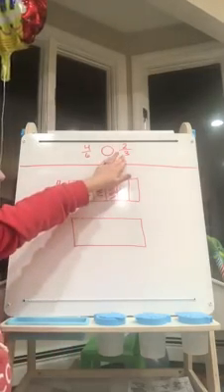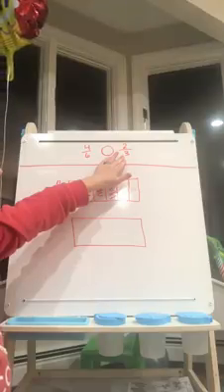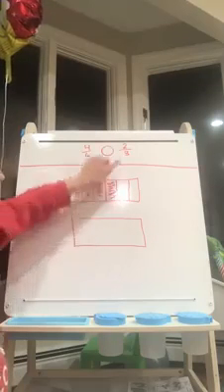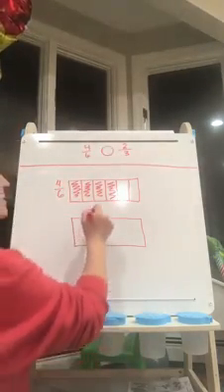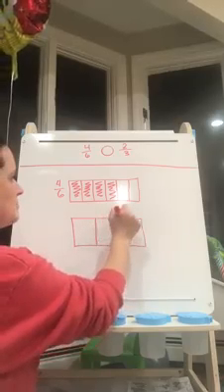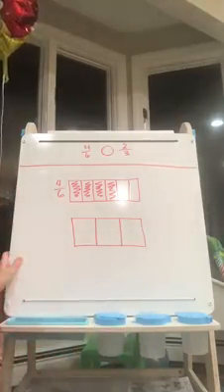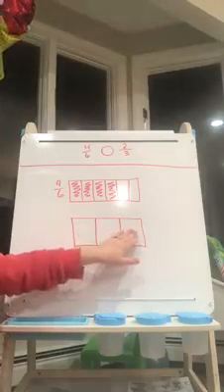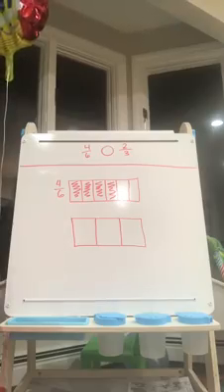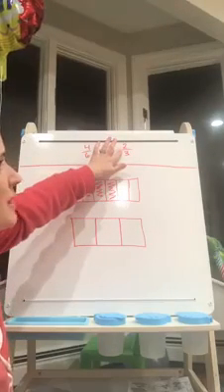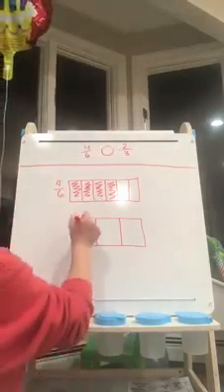For my next fraction, I'm going to show 2/3, so I need to divide this space into 3 equal spaces. How many of these pieces do you think I should shade? That's right, I need to shade in 2 of them because it's 2/3.